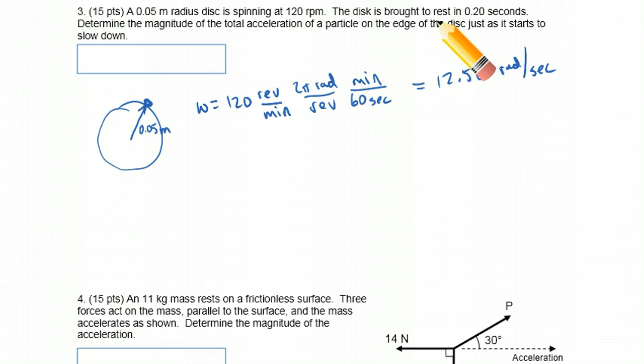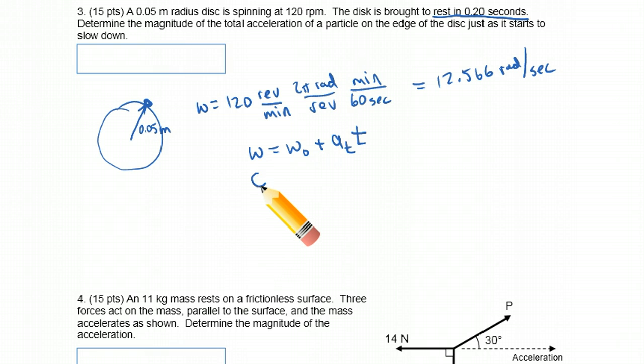We're told that it slows down to a stop in 0.2 seconds. So that's giving us some information about the tangential acceleration. Tangential acceleration is how fast its angular velocity will change. So let's write omega equals omega 0 plus the tangential acceleration times time.